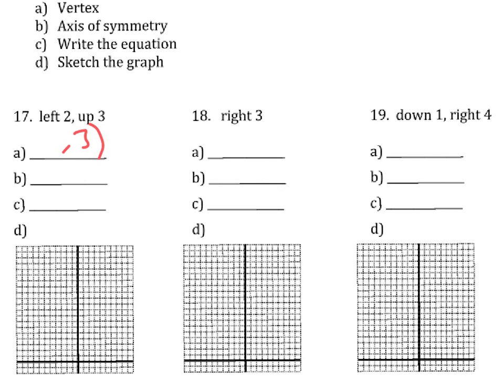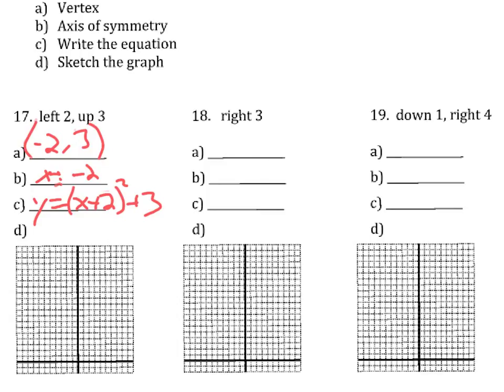So for the vertex, we're saying it's a -2. And the axis of symmetry is that same number, -2. But to write the equation, remember the x value changes signs and the y value stays the same. So this is x plus 2 squared, and then plus 3 on the outside.